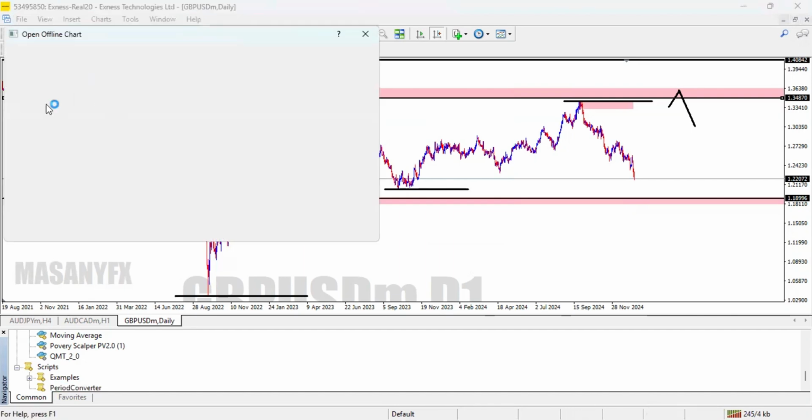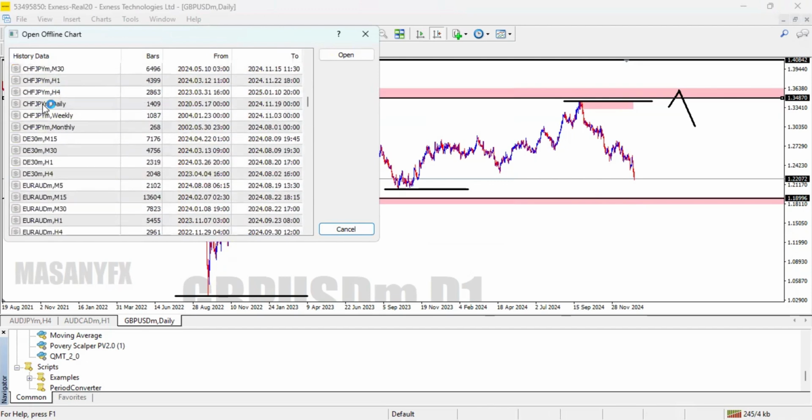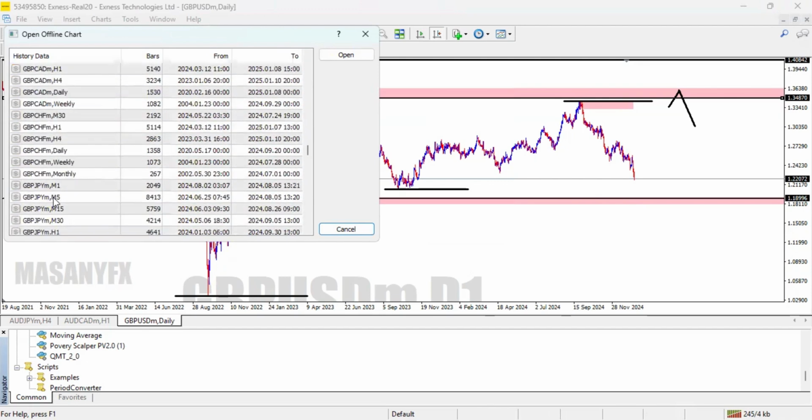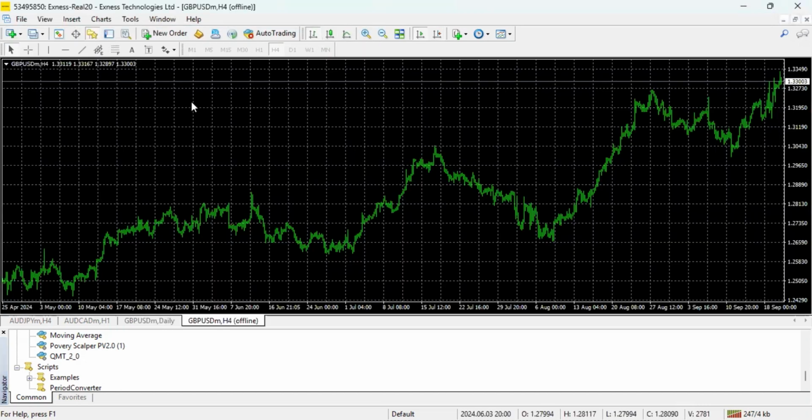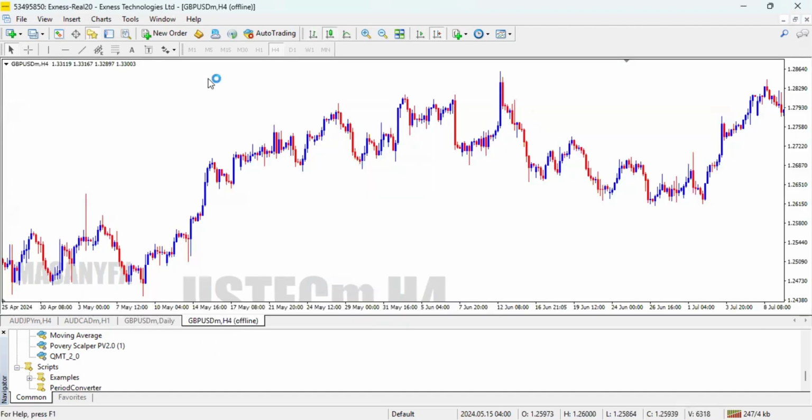And then I'm going to come here offline. I'm going to look for GBPUSD H4. Not H4, day 4. Here it is. I customized this time frame. Then let me put my templates.